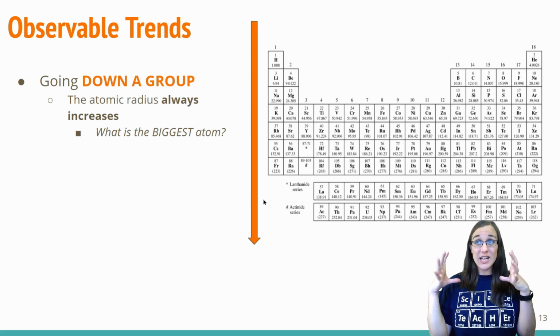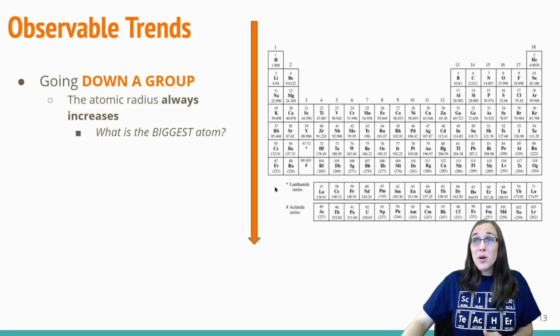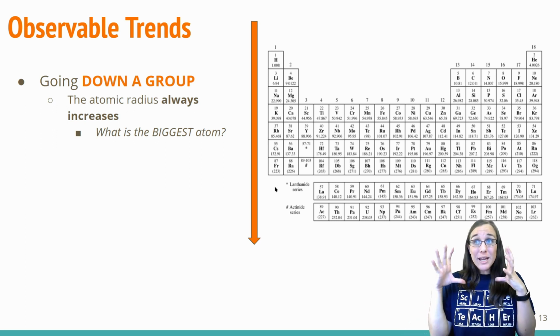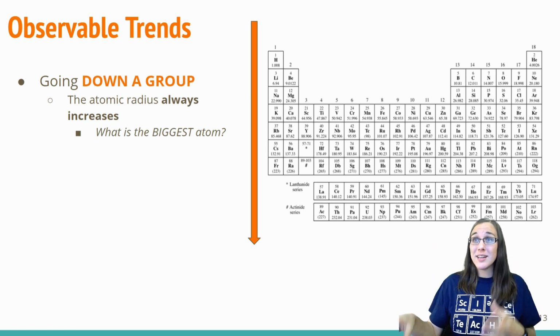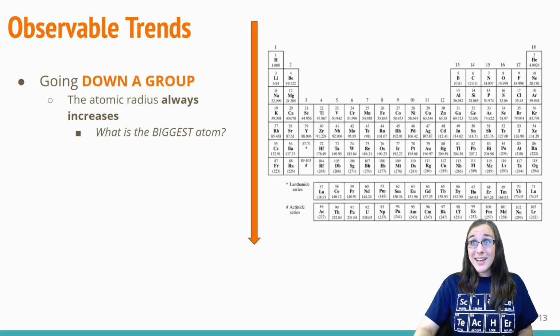Which one would be like the kahuna atom? Hopefully you're thinking, okay, well, if it gets bigger as we go down, then francium would have to be the biggest atom. It would have to be pretty big. And you would be right, because the size increases as you go down. So francium is the lowest point, and it's the biggest atom.